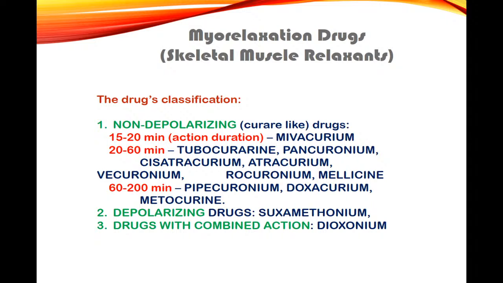Besides orthostatic hypotension, ganglionic blockers can cause atony of intestine, slight impairment of vision. These are typical side effects, and principally ganglionic blockers nowadays are used rarely.